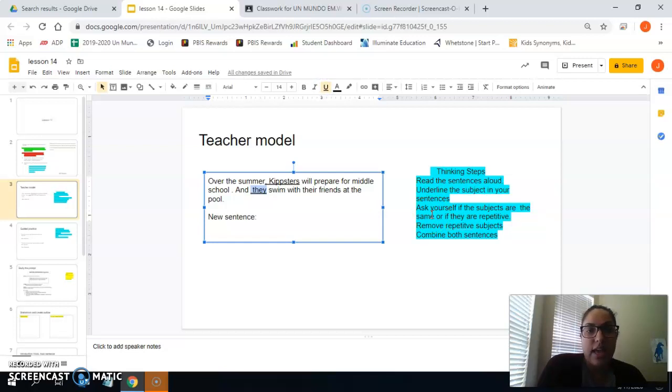So Kipsters and they. Are they talking about the same thing? Does Kipsters refer to they? It does. So if it does, I have to remove repetitive subjects and combine both sentences. So how could I remove this? I'm going to remove the pronoun and rewrite this.